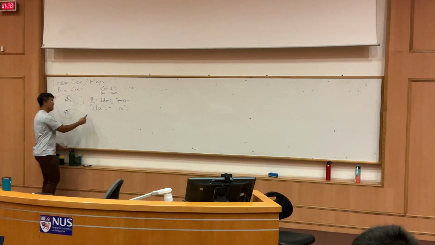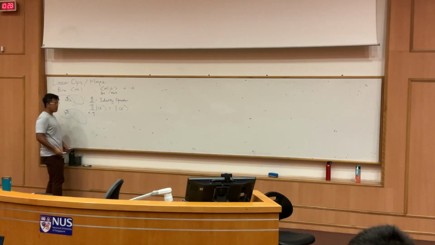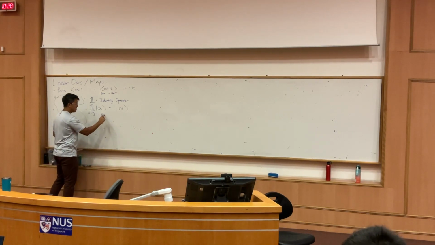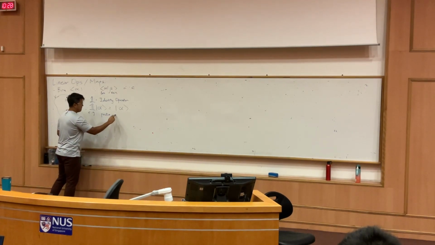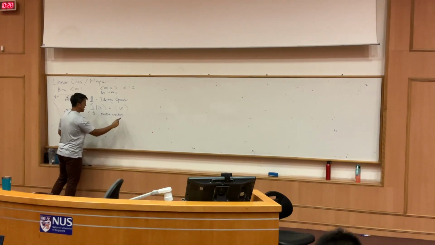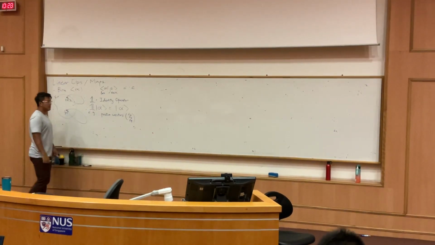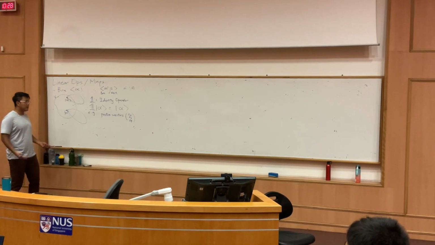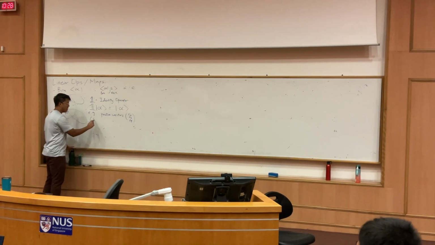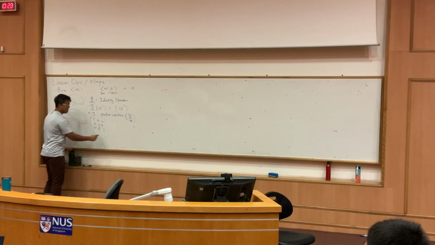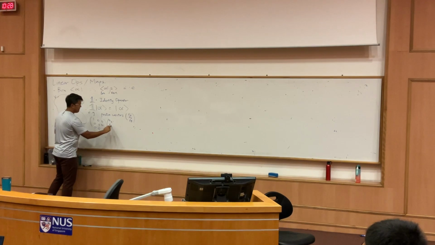Example, and I'm sure you guys know this. Again, position vectors. Let's do, say, Rx, Ry, Rz. Then what's the identity operator on this vector? Of course, it's 1, 0, 0, 0, 1, 0, 0, 0, 1 acting on Rx, Ry, Rz.